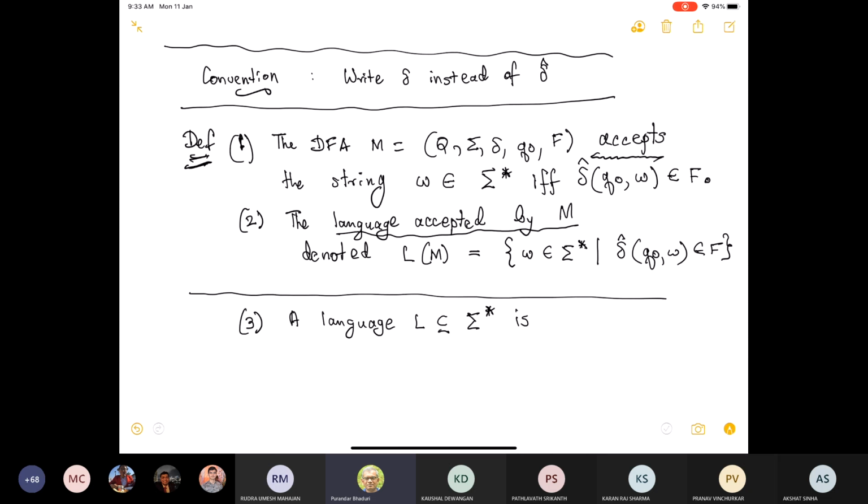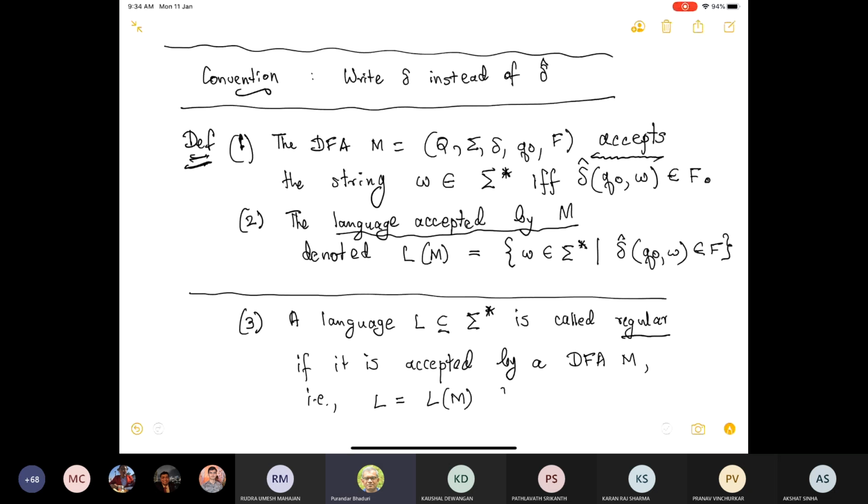So a language is called regular if it is accepted by some DFA M, i.e., L is L of M for some DFA M. Okay.